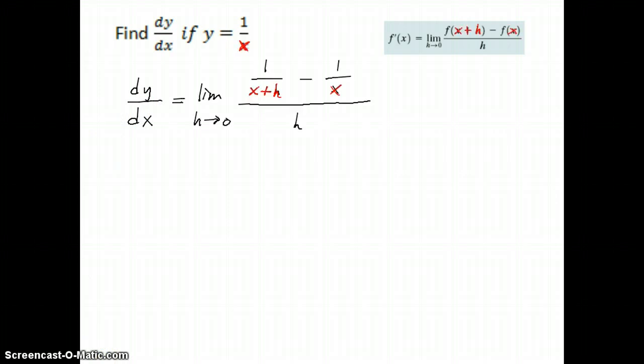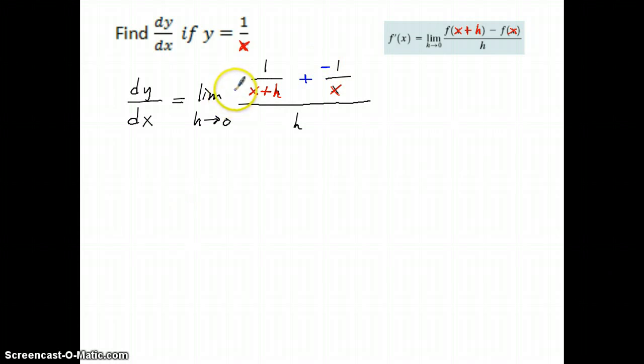Alright, so here's our setup, and at this point it's just an algebraic problem. You got to be good with your algebra skills. How do you simplify that expression? You need a common denominator. First of all, I'm going to go ahead and give that one the negative so I don't forget about distributing a negative, and I need a common denominator.